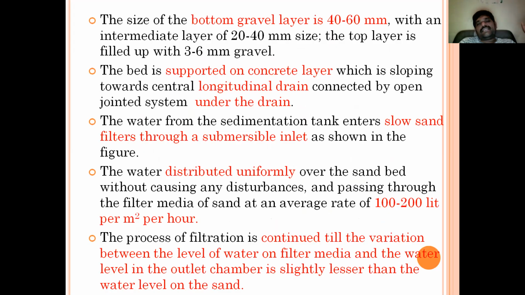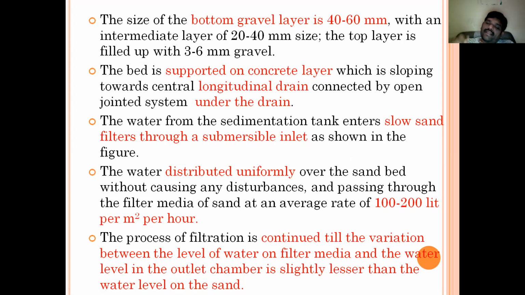That whole structure is supported on a concrete layer, which is sloping towards a central longitudinal drain, connected by an open jointed system under the drain. See here, the water will be distributed uniformly over the sand bed without causing any disturbance. And here the efficiency is 100 to 200 liters per square meter per hour.